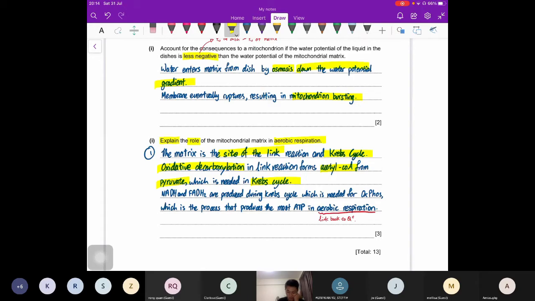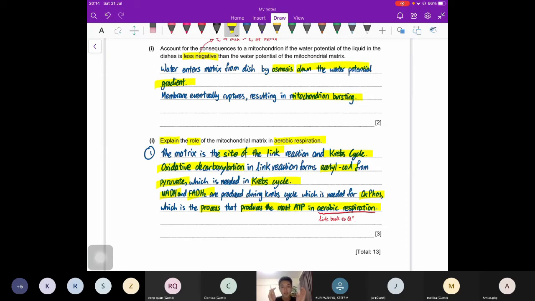In your Krebs cycle, you have your NADH and your FADH2 that are produced, which are needed for oxidative phosphorylation, which is the process that produces the most ATP in aerobic respiration. Okay, so the matrix is the site where link and Krebs occur.